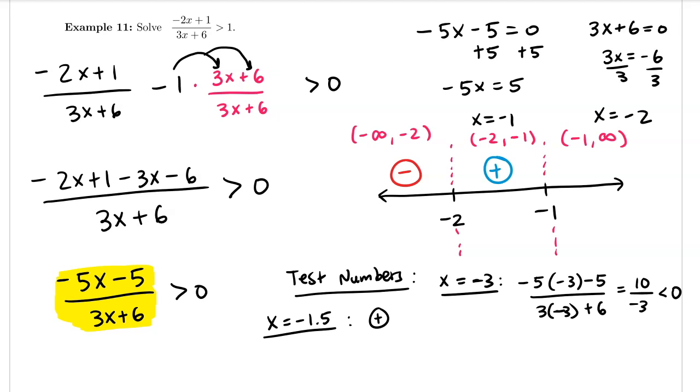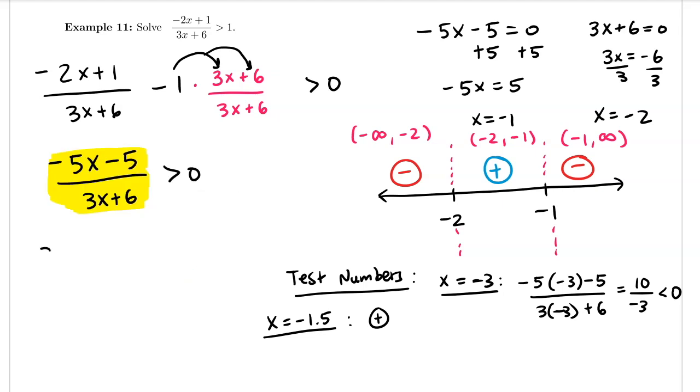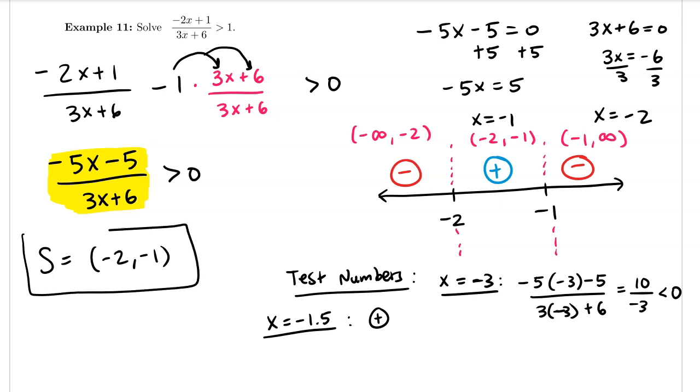That is a negative number, so I'll put negative here. Now, because I am looking for when this thing is greater than 0, that's happening based off our number line between -2 and -1. So finally, our solution set S is equal to -2 to -1, excluding our endpoints. And here is our answer.